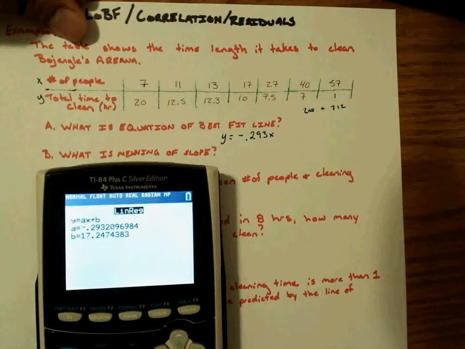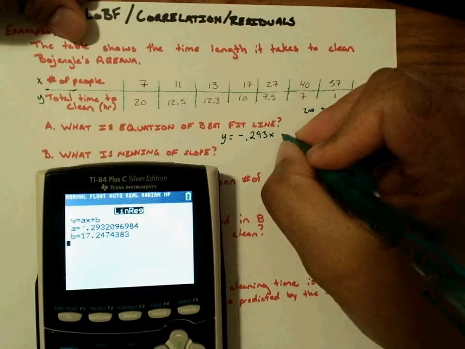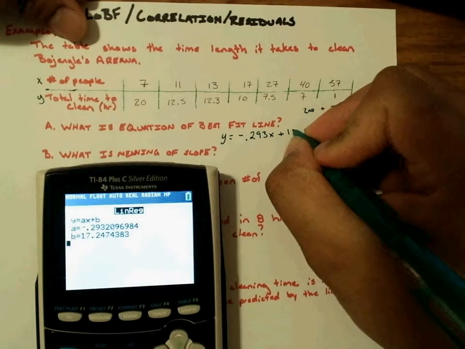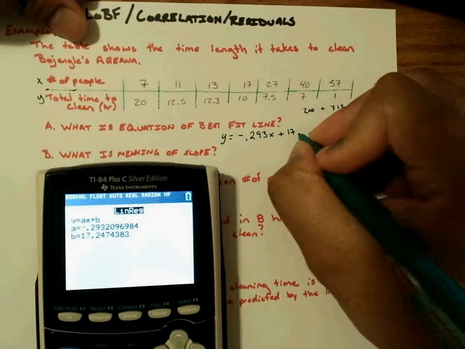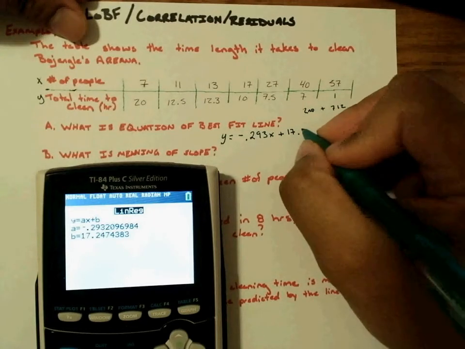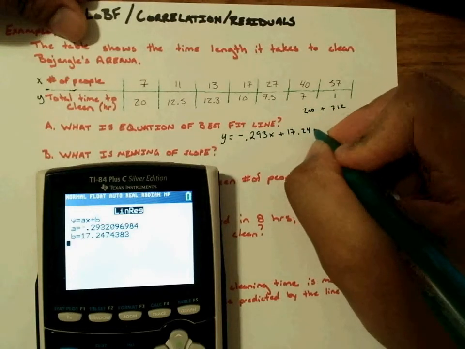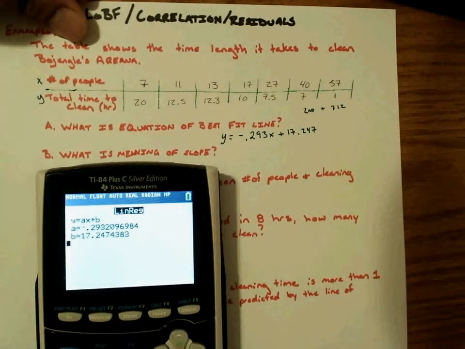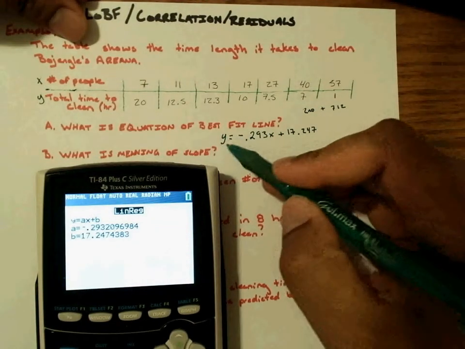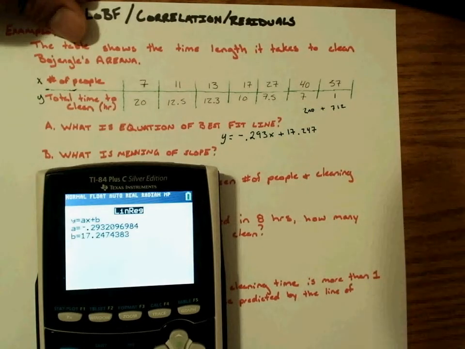I'm just going to keep 3 decimals for accuracy. So y would be the total time to clean, and x is going to be the number of people.